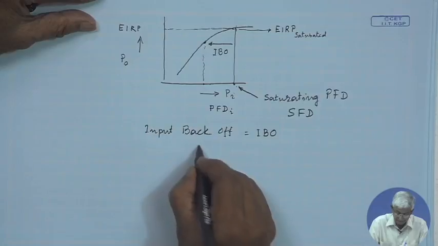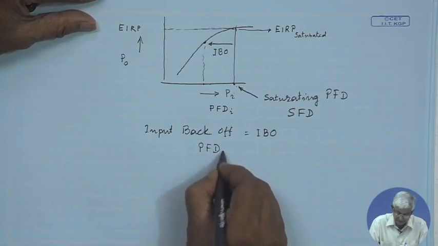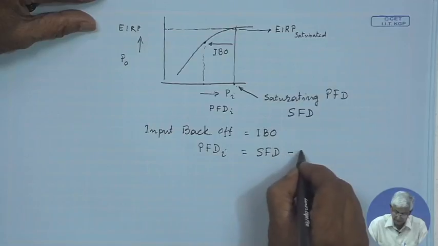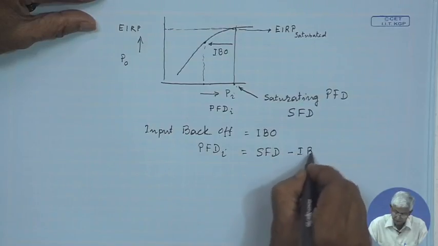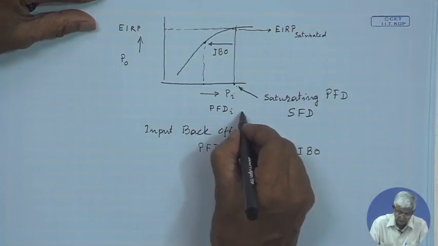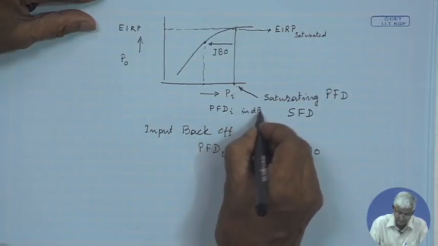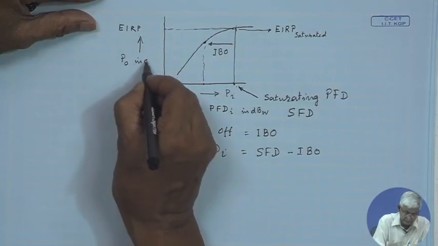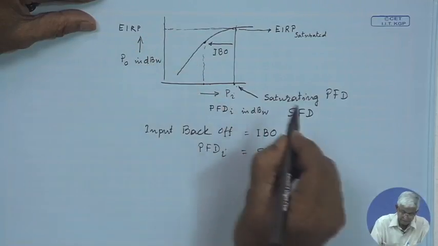So, the corresponding PFD input is SFD minus input back off. When I say minus, these are all in dB, so this is in dBW and this is also in dBW.